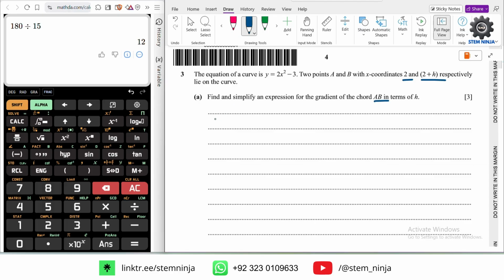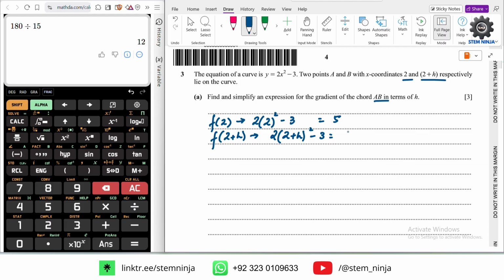Okay, so we're going to treat it as a function, right? So f of 2 is 2 squared minus 3, which is 8 minus 3, 5. F of 2 plus h would be 2 plus h squared minus 3.